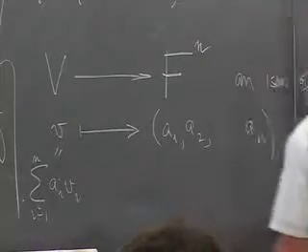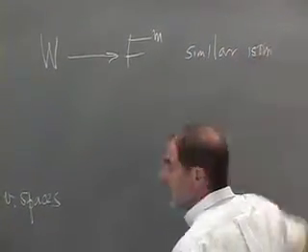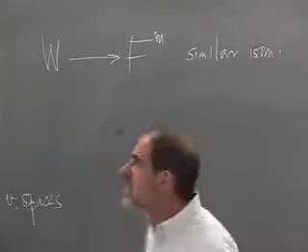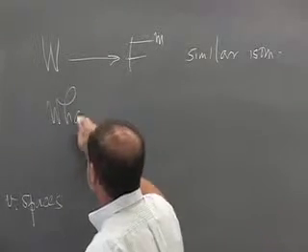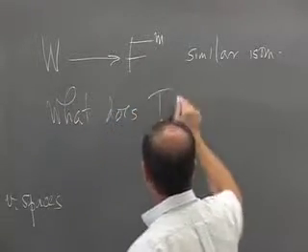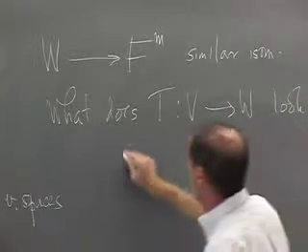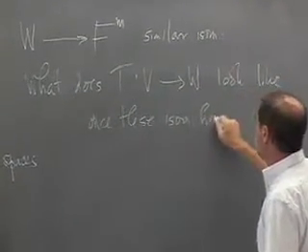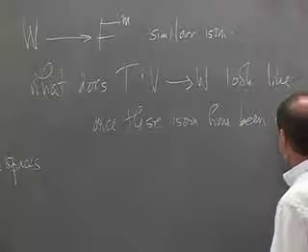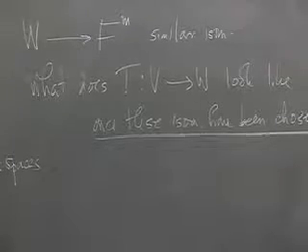Likewise, your basis of W gives you an isomorphism from W to Fm. Now the question is, what does a linear operator look like once we've chosen these isomorphisms? That's the big question that leads to matrices.